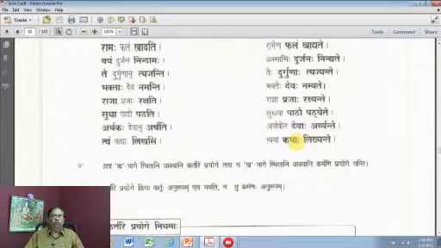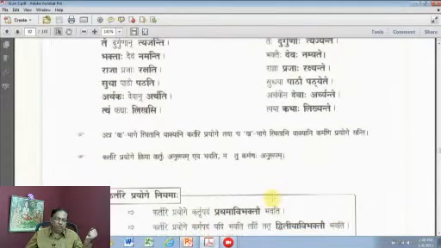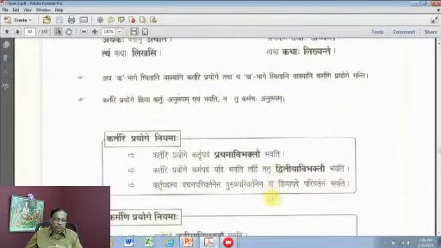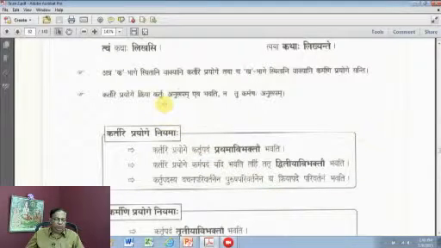So if you slowly try to understand in the beginning, it should not be a problem, passive constructions. Some observations are made here. Atra Ka bhage sthitani vakyani, the sentences in the left side, Ka section, kartari prayoge, and Kha bhage sthitani vakyani karmani prayoge santi. Now we have already seen that. What is given on the left side is active voice, and what is given in the Kha bhaga is passive. Kartari prayoge kriya kartuhu anurupam eva bhavati.